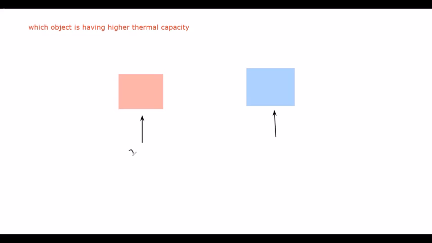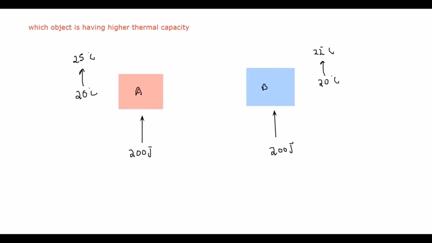For both objects, you supply 200 joules. The temperature of the first object changes from 20 degrees to 25. And the second object's temperature changes from 20 to 22. Which object has a higher thermal capacity, A or B?